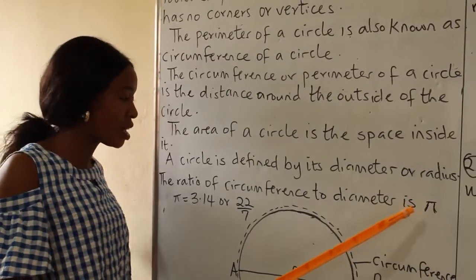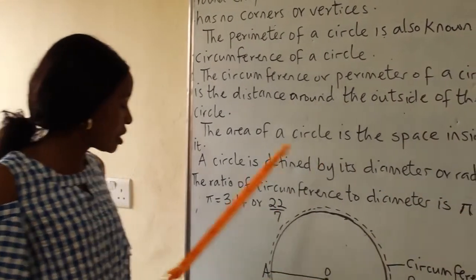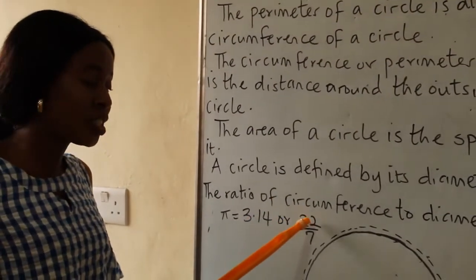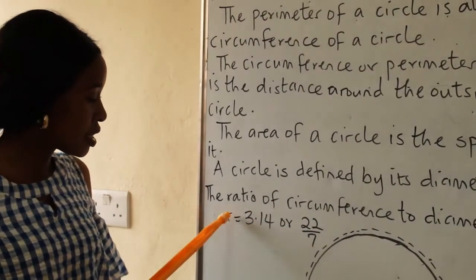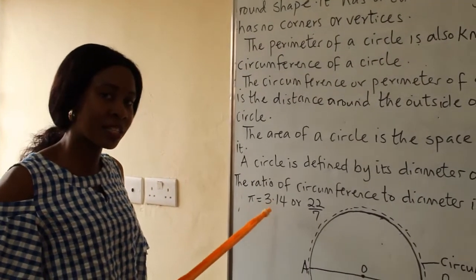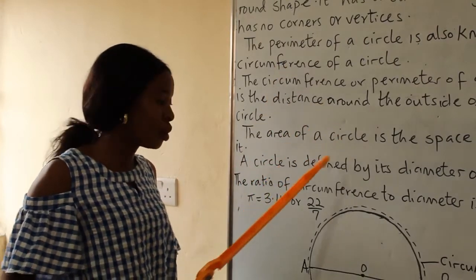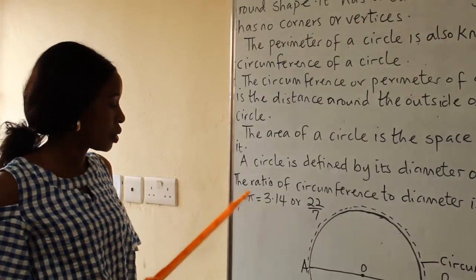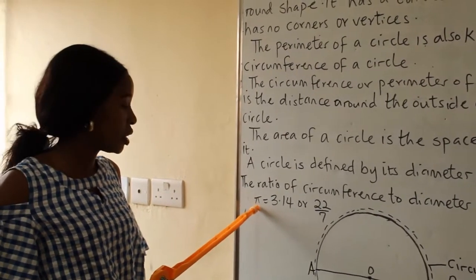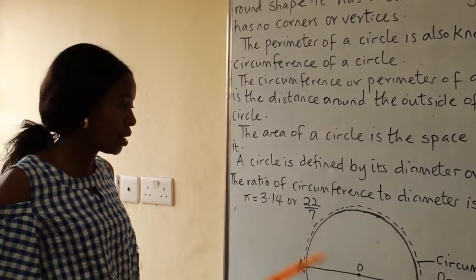Pi is a constant, and the number that represents pi is 3.14 or 22/7. When we'll be calculating the area or perimeter of a circle, we'll be using this figure.